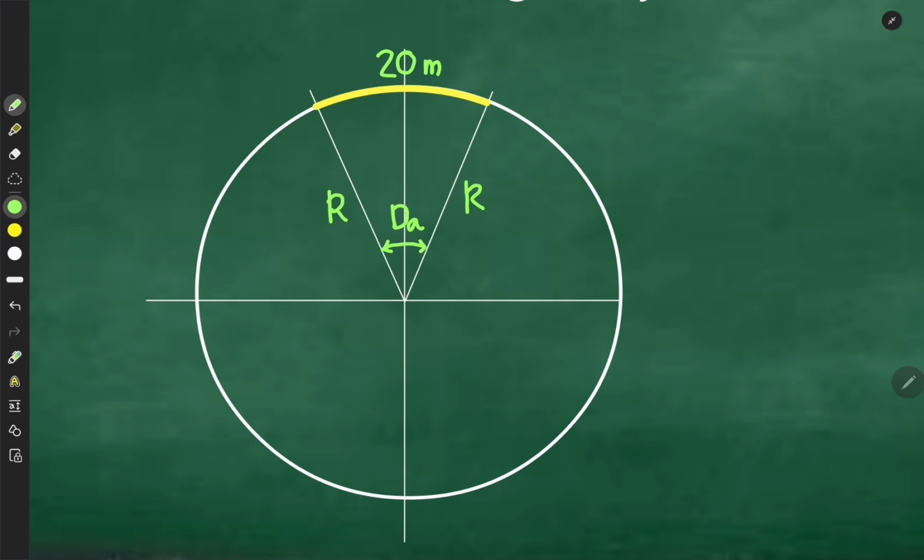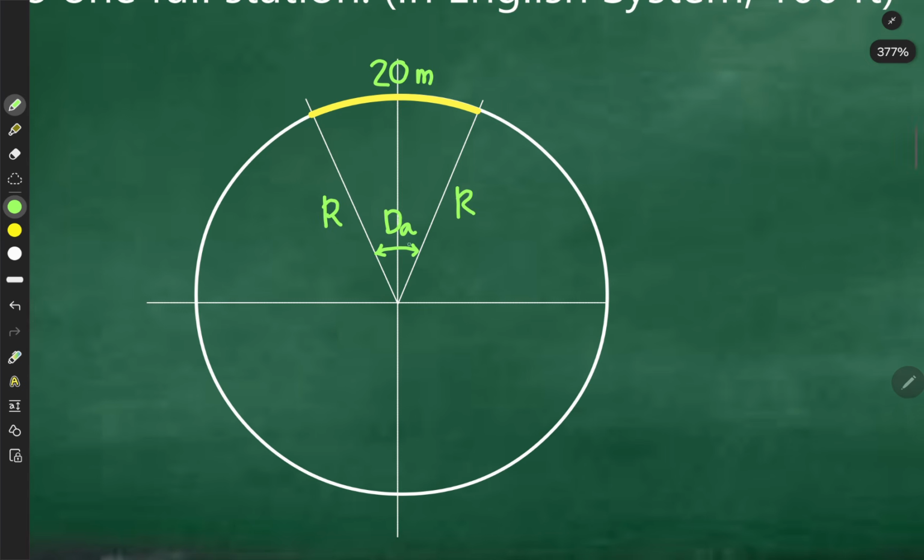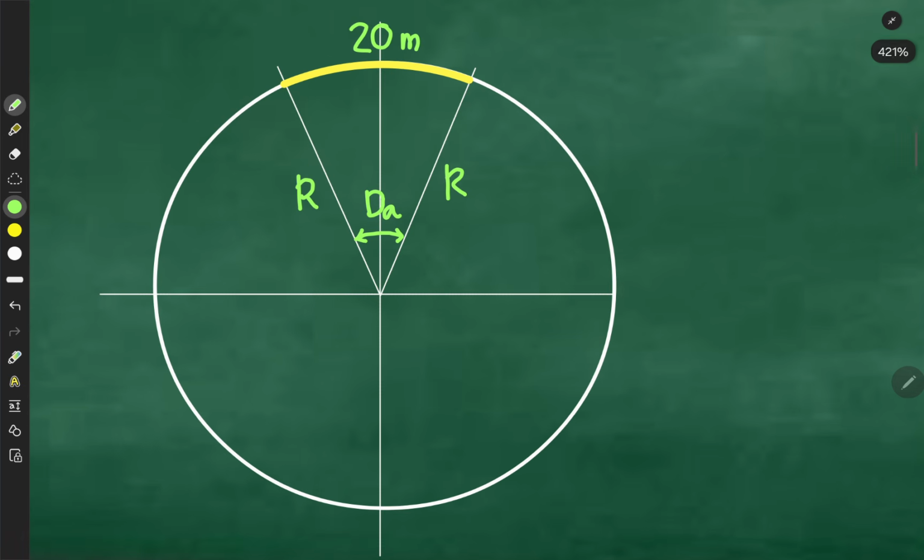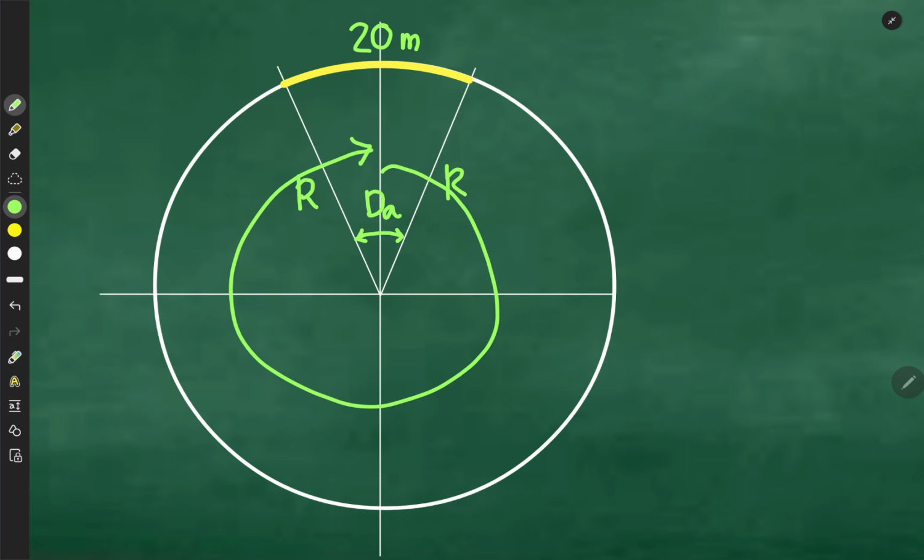So, paano ang gagawin natin doon? Maalala nyo pa guys, if we have one full revolution, how many degrees are there? One full revolution is equivalent to 360 degrees, or in radians, that is 2 pi.